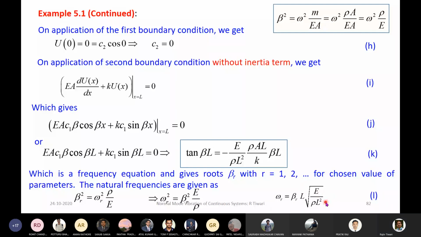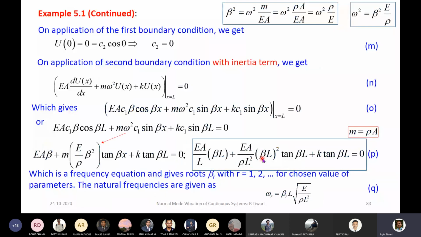So this is the frequency equation when we did not consider the disk, only the stiffness, which is appearing here. But if we consider the disk also, the first boundary condition gives the same thing. The second boundary condition will contain the mass term also.